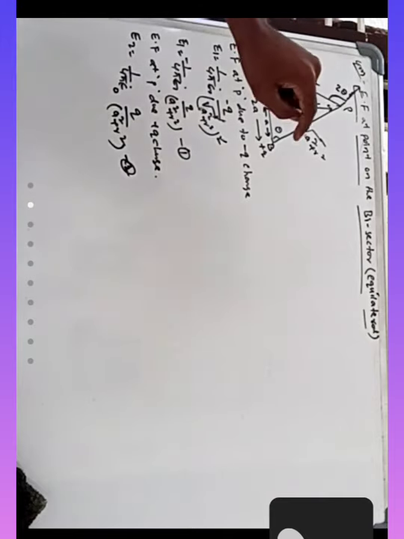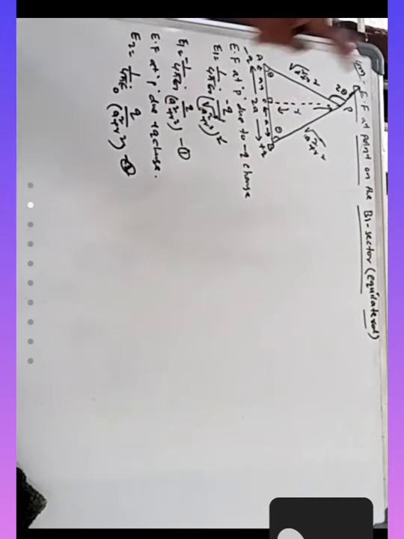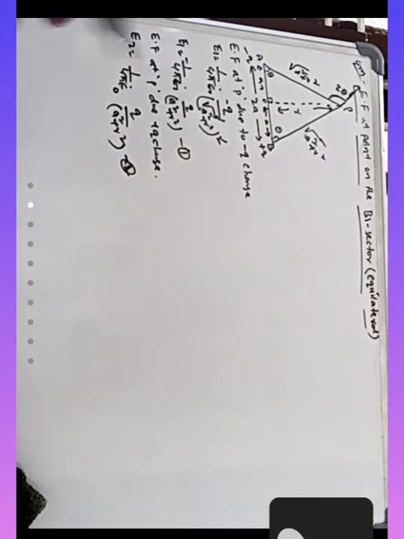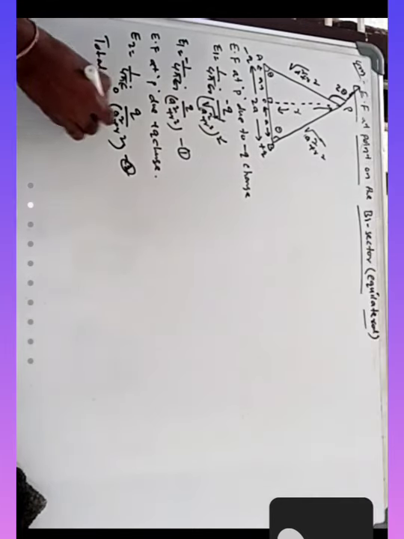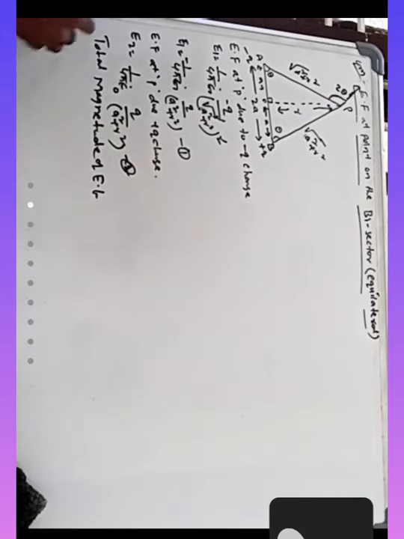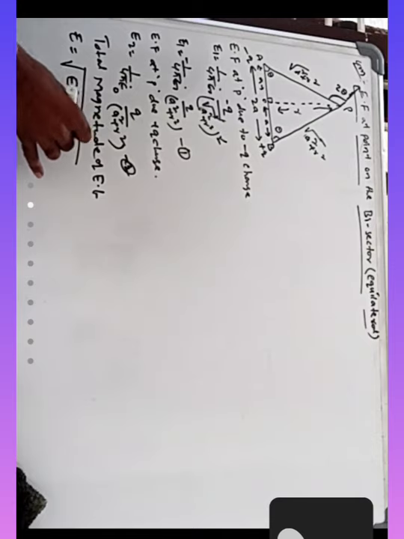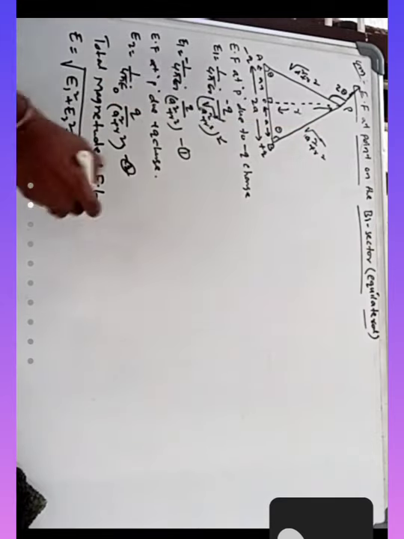When two vectors act at the same distance with equal angle, we have to follow the parallelogram principle. Then the total magnitude of the electric field, E, is equal to under root E1 squared plus E2 squared plus 2 E1 E2 cos 2 theta.